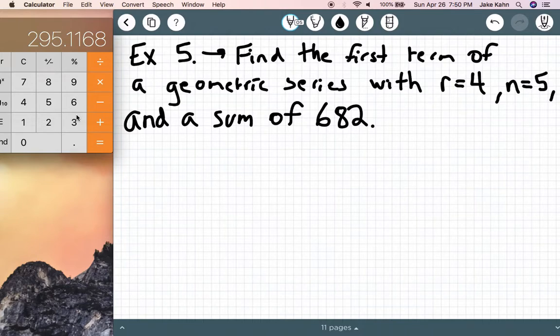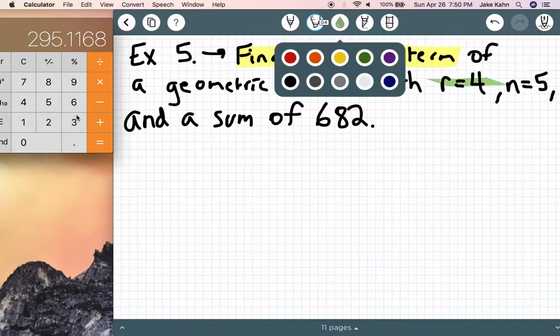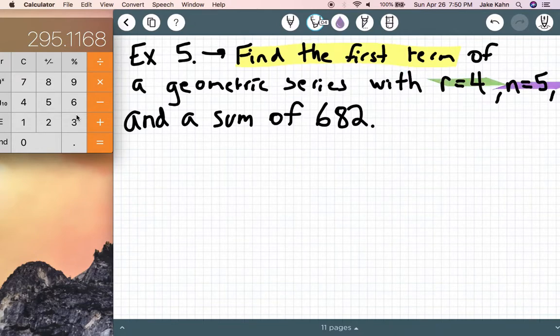So let's read this problem off together. It says, find the first term of a geometric series with r equals 4, n equals 5, and a sum of 682. So in this problem, we are going to be utilizing the same equation.